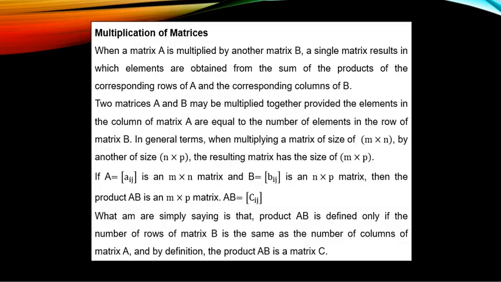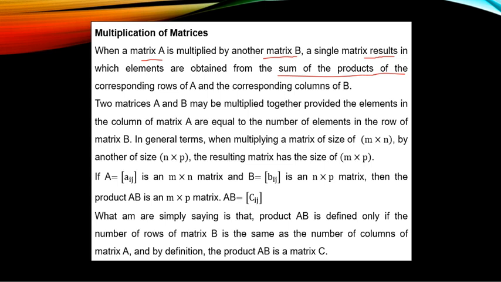Okay, multiplication of matrices. When a matrix A is multiplied by another matrix B, a single matrix results. When you multiply a matrix by another matrix, you get a single matrix in which elements are obtained from the sum of products.